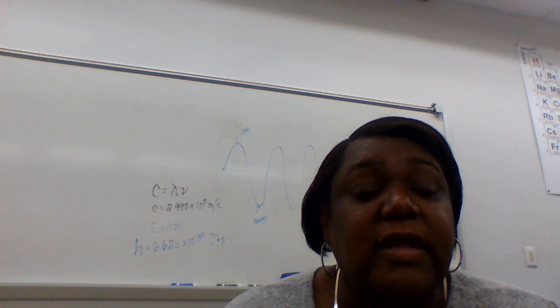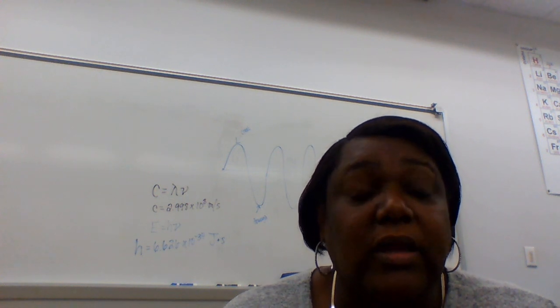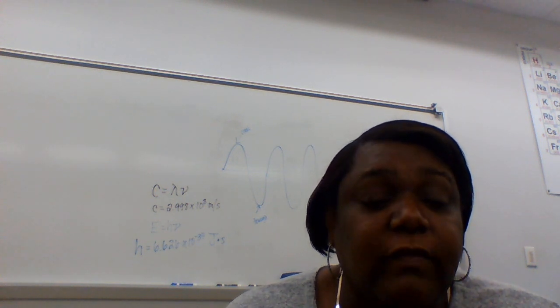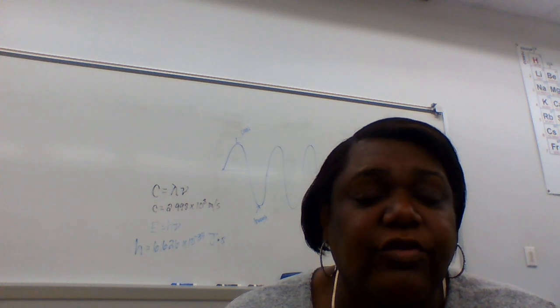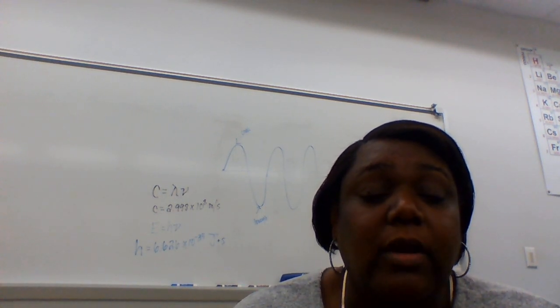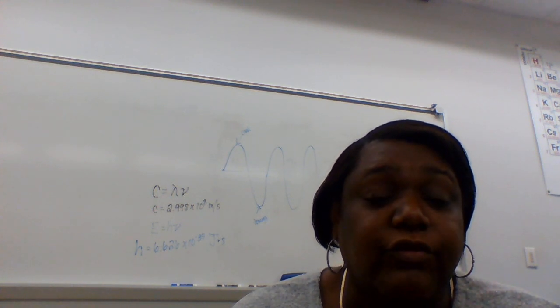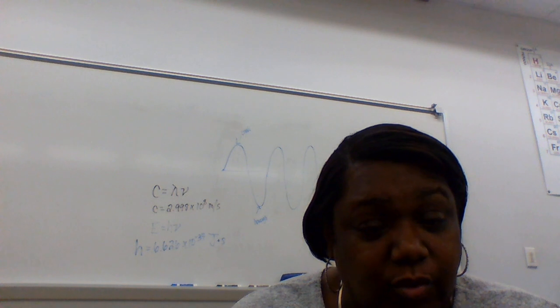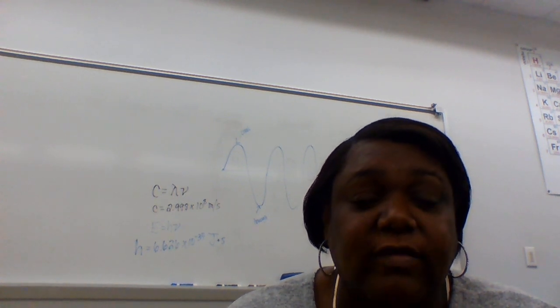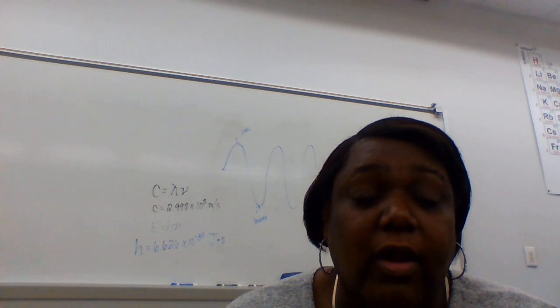For elements, if you want to know the position of the highest energy electron, the principal quantum number of that highest energy electron is always going to be the highest row number. That's the principal quantum number for your highest energy electron. Whatever your row number is, that would be your quantum number for that particular electron.